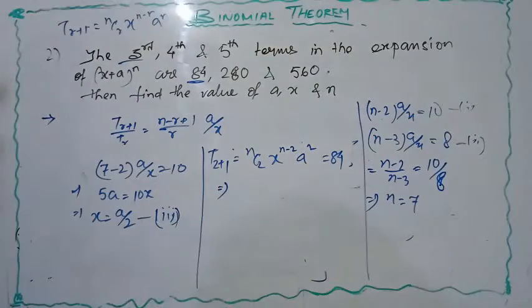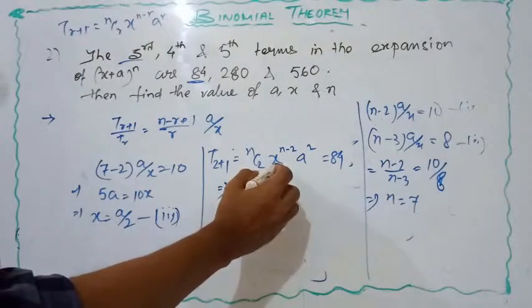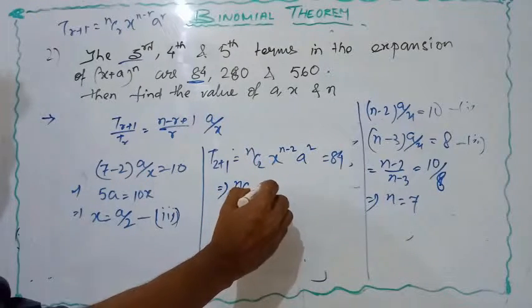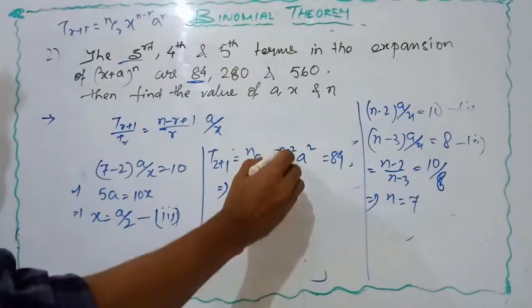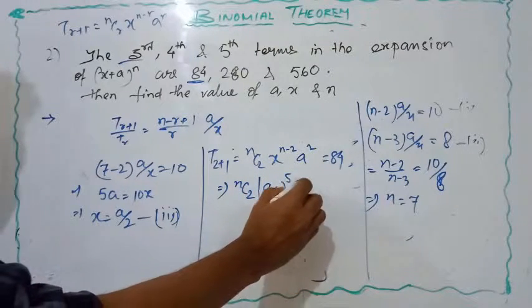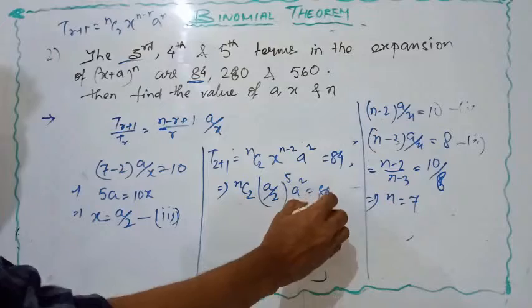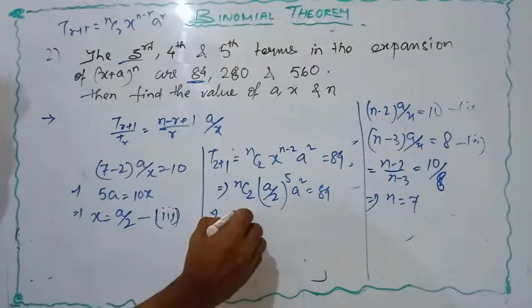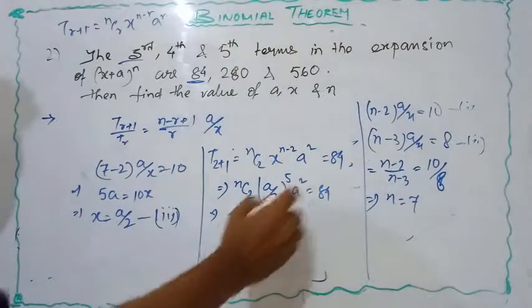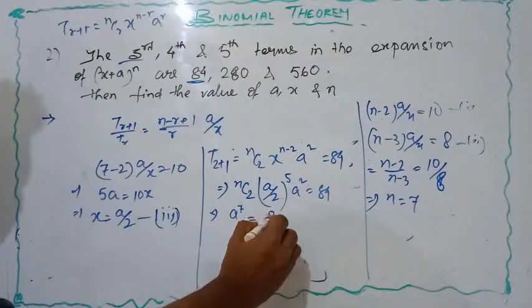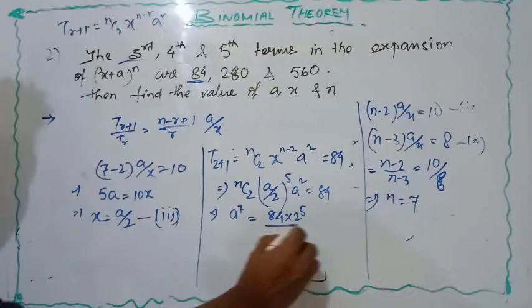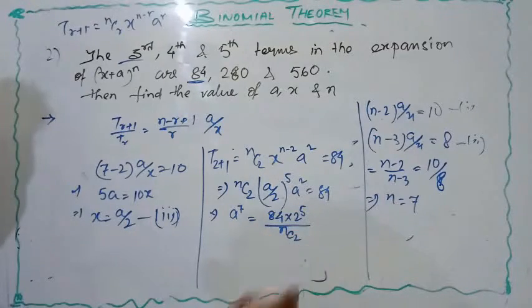Now put all the values, replace x by a by 2, we are getting nC2 (a by 2) to the power (7 minus 2), that is 5, into a square is equal to 84, or a to the power 7 is equal to 84 into 2 to the power 5 by nC2.